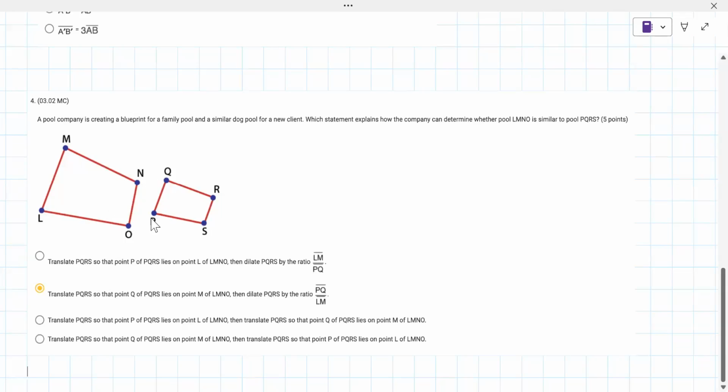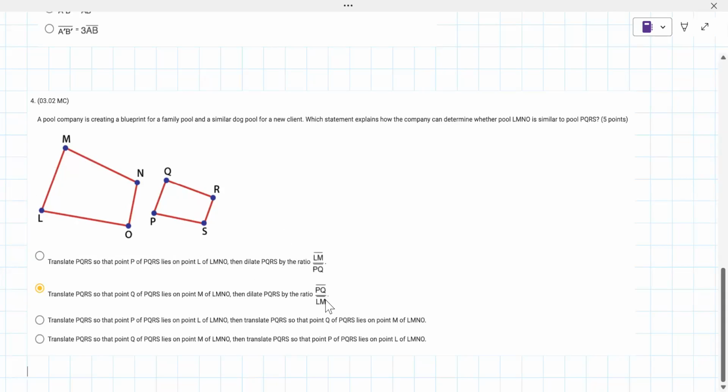So we could have P lie on L. That would also be okay for the first one. But then the ratio, we've got to get the ratio right. LM to PQ, or PQ to LM. If we're going to dilate PQRS, it's got to get bigger.